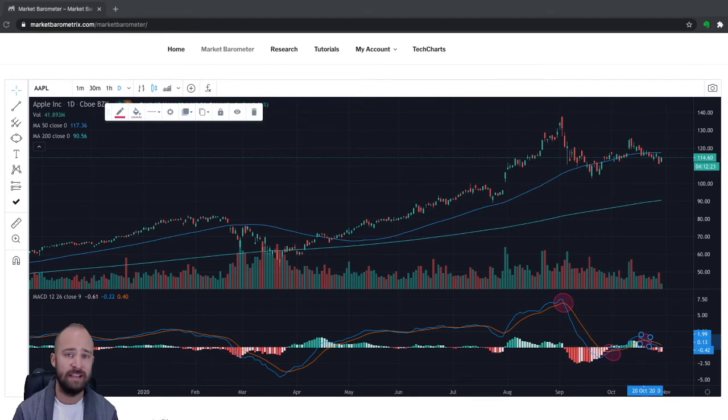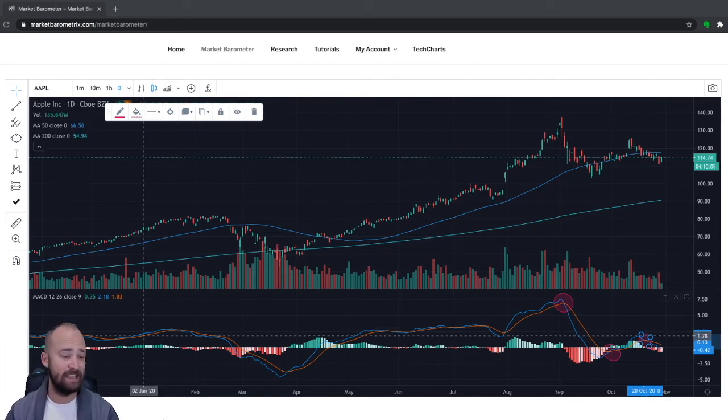So this coiling, coupled with the fact that the MACD is hanging right around that 0 level, isn't really giving us any clear bullish or bearish signals. But if I had to choose a direction one way or the other based solely on the MACD, I'd be leaning bearish, based mostly on the fact that we had that recent bearish crossover between the MACD line and the signal line, and on the relative value of the MACD being close to 0.